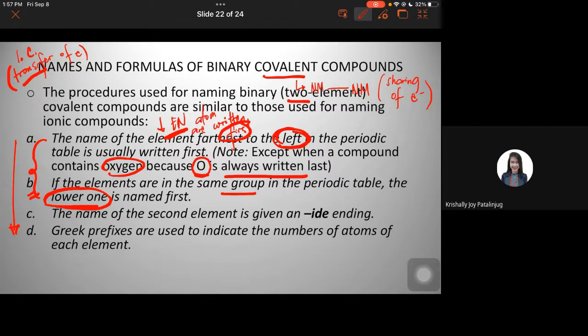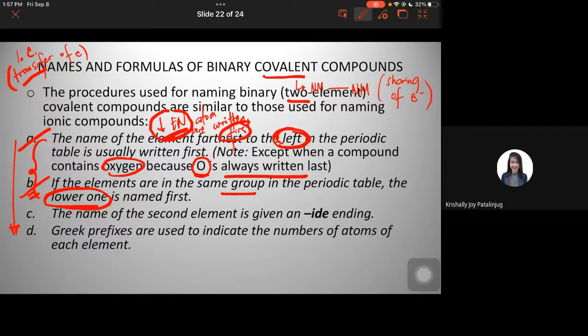That's why oxygen is always written last, because it's a surrounding atom. It's electron-rich, so it never happens that it is written first. Remember, the least electronegative atoms should be written first. That's the reason for this consideration.